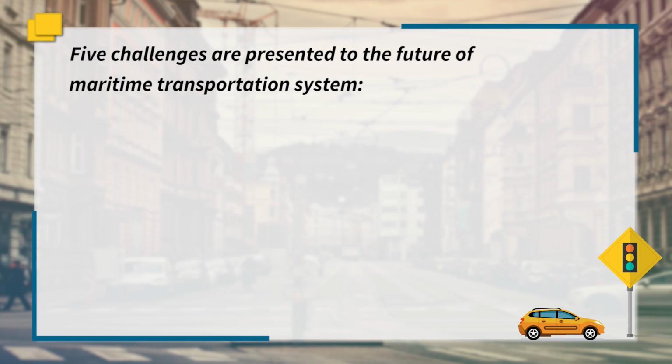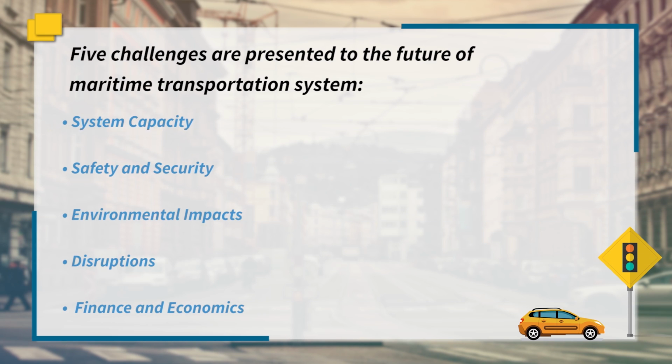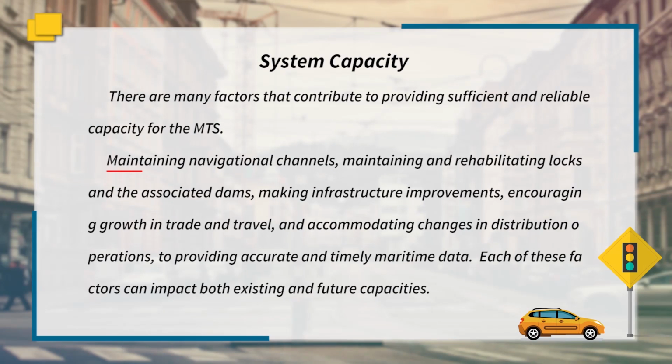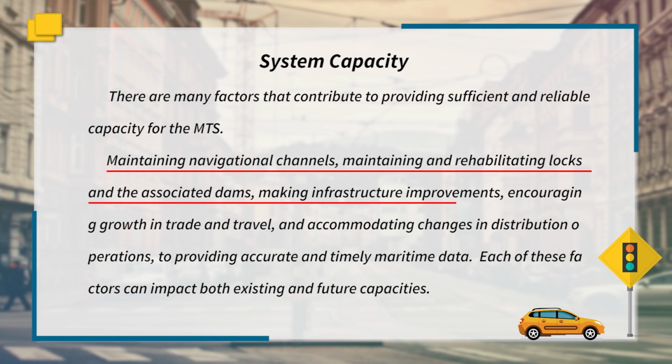The third chapter, 5 challenges are presented to the future of the maritime transportation system. Part 1. System capacity. The first challenge is the capacity of the MTS. There are some factors about it: maintaining navigational channels, maintaining and rehabilitating locks and the associated dams, making infrastructure improvements, encouraging growth in trade and travel, and accommodating changes in distribution operations.